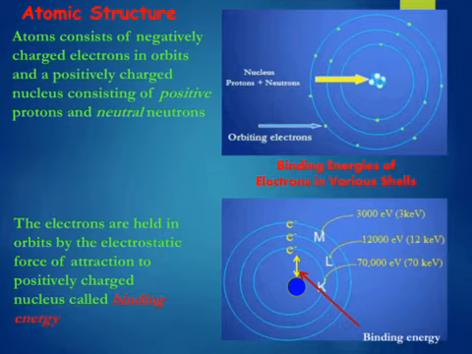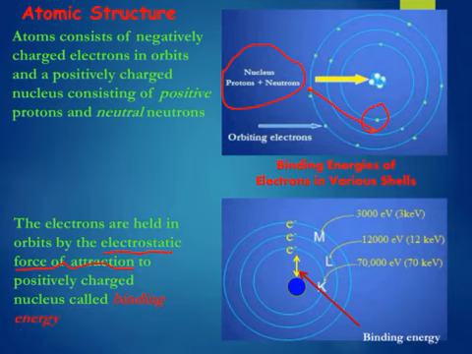So what do you mean by this electrostatic force of attraction? It is the force that holds a positively charged particle, that is the nucleus here, and the negatively charged particles, that means the electrons here, together.